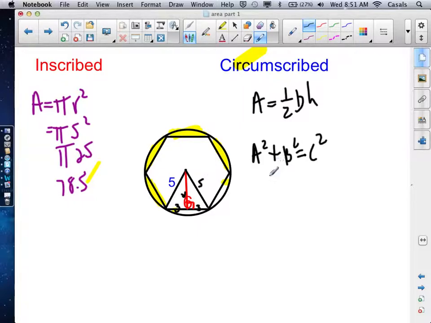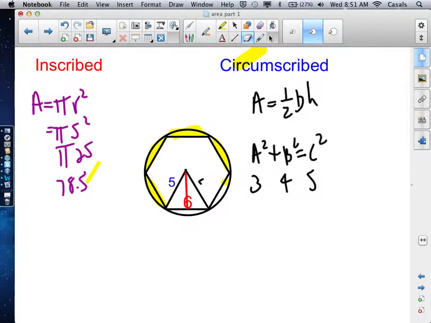And if you did the Pythagorean Theorem, you would find out that this side here, by the way, what are the magic numbers for the Pythagorean Theorem? They're 3, 4, and 5. So this height right here is 4. Well, now that I know this is 4, by using the Pythagorean Theorem, now I can find the area of this triangle.